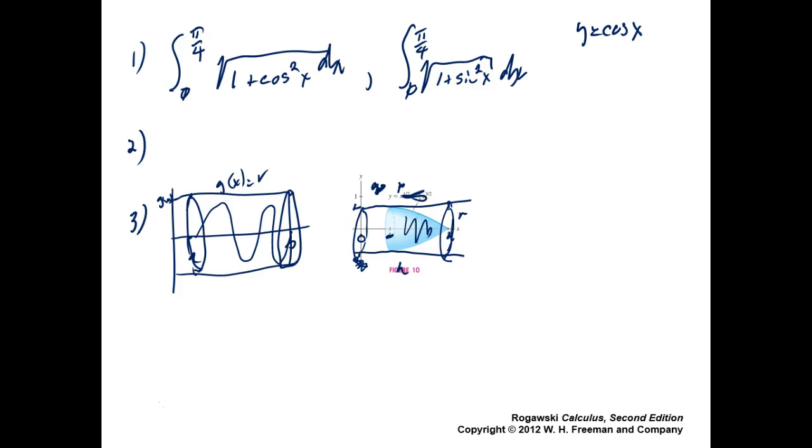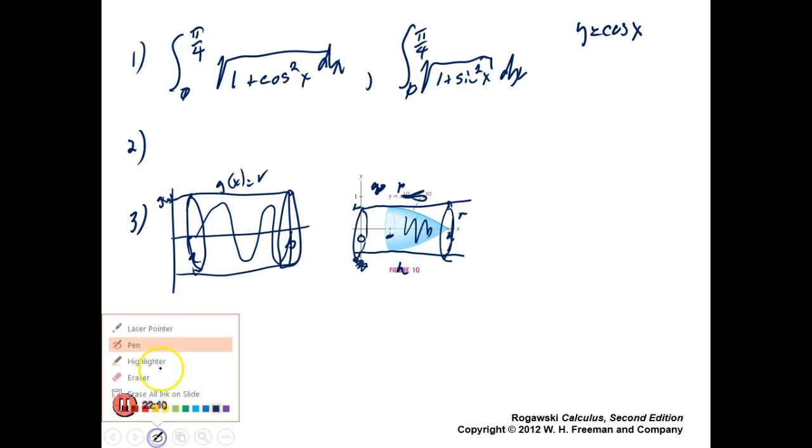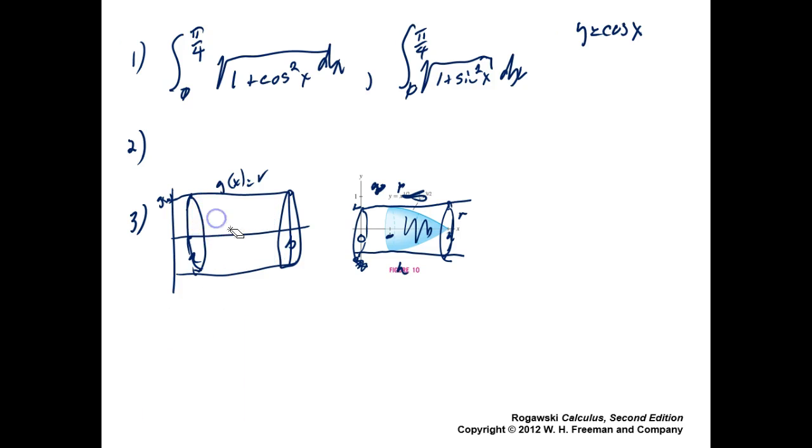I drew that poorly. Let me get that a little bit better. It had to be greater than 0. So they can touch here because they can be equal.